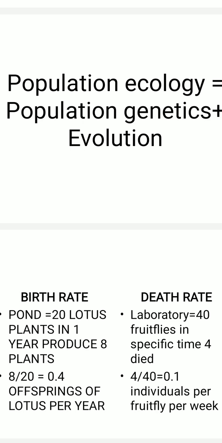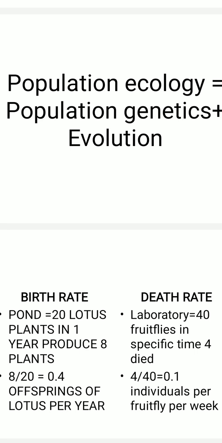It is just an imaginary figure, to understand the birth rate. When you take 8 by 20, you will get 0.4. So per year, there are about 0.4 offspring per plant, that is, new lotus plants produced.